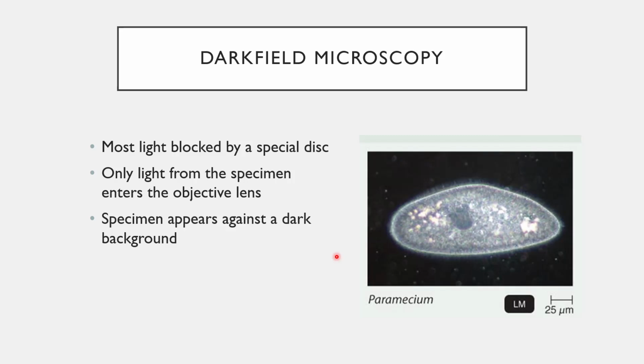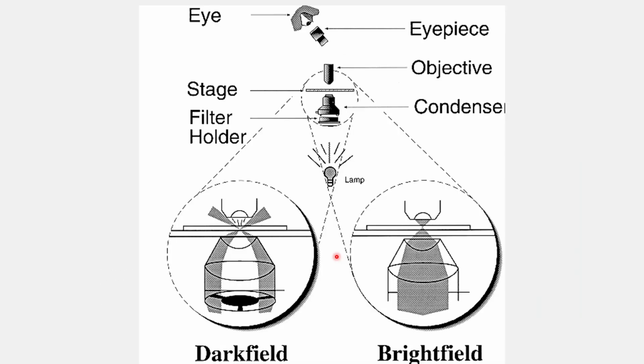This image right here shows you the difference between a bright field microscopy setup and a dark field microscopy setup. As you can see, in a bright field microscope, the light passes through the condenser lens, where it is condensed to a pinpoint on the slide, and then it enters the objective lens.